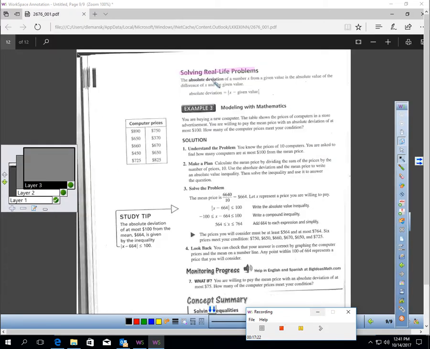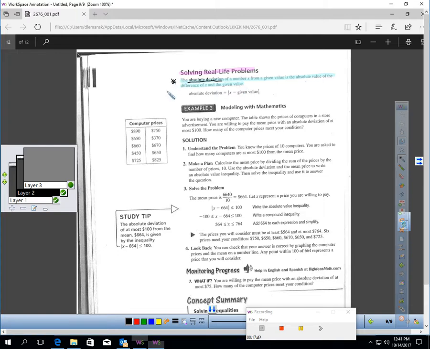And then to wrap up the video, let's talk about solving a real-life problem. Now, first of all, here's another vocabulary word, and we've already kind of learned this in the first chapter. The absolute deviation of a number x from a given value is the absolute value of the difference of x and the given value. And when you read that, you might think that seems complicated.